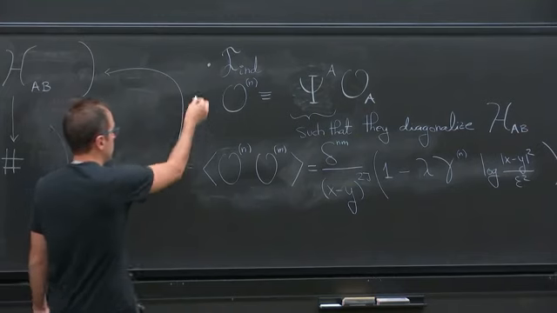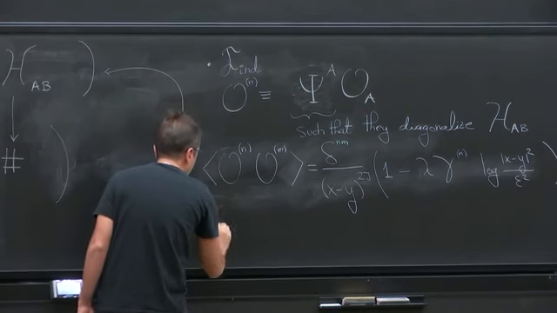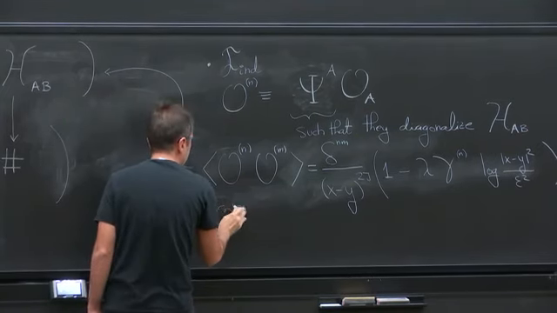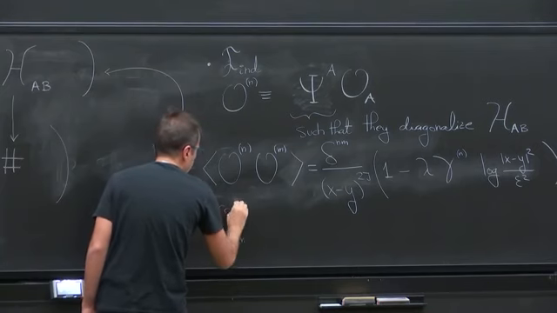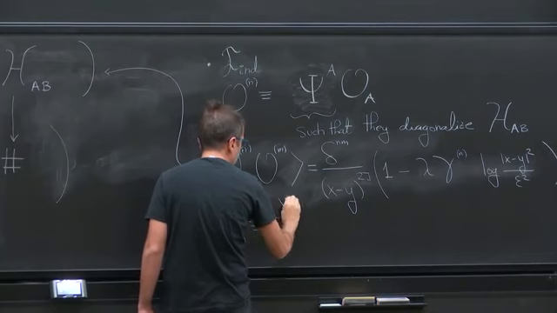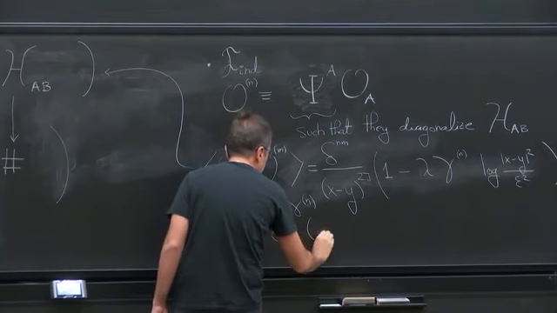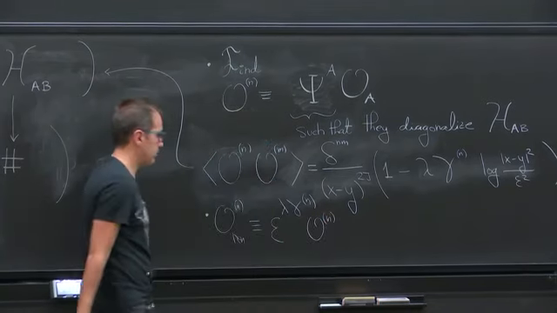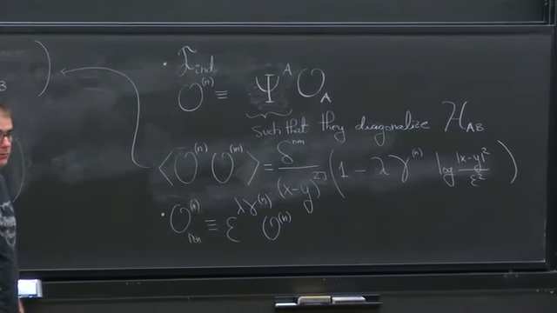And now we just define our O renormalized to be just epsilon to the lambda gamma n times On. Right?